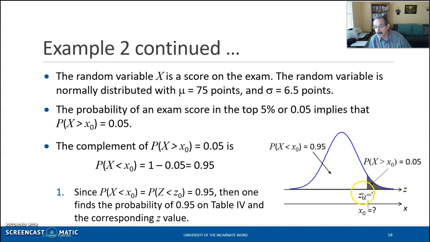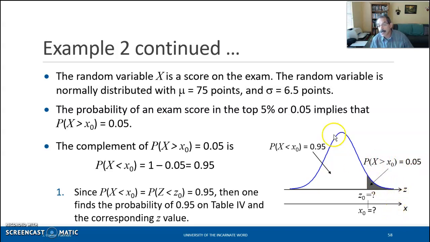That will not give us the z-score we're looking for, because table 4 only gives you probabilities to the left of that value. So to find that value, we're going to use the complement of the probability that the random variable is bigger than some value, equal to 0.05.